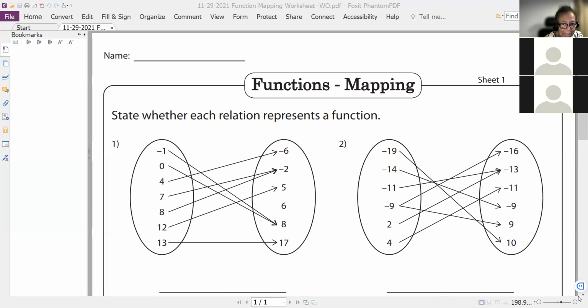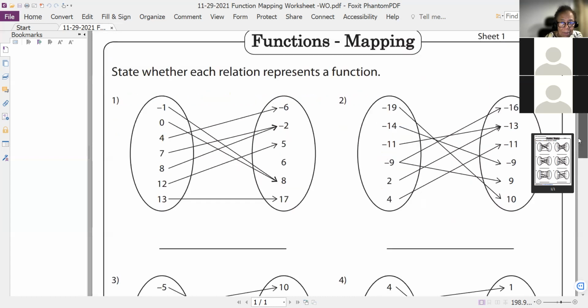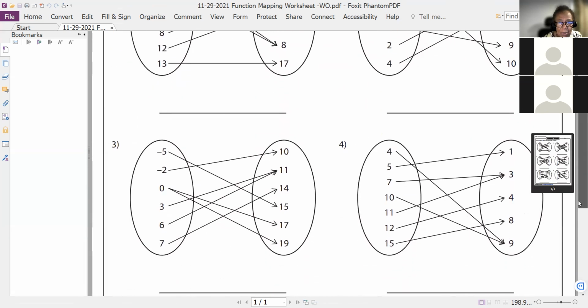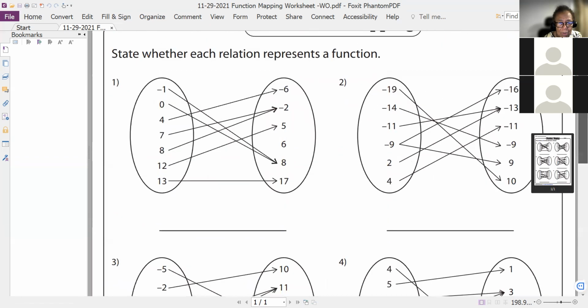Now, what about, let's see, let's see if I can bring this one down. Can you see that one? Because it's blocked out. No, we can't see it.